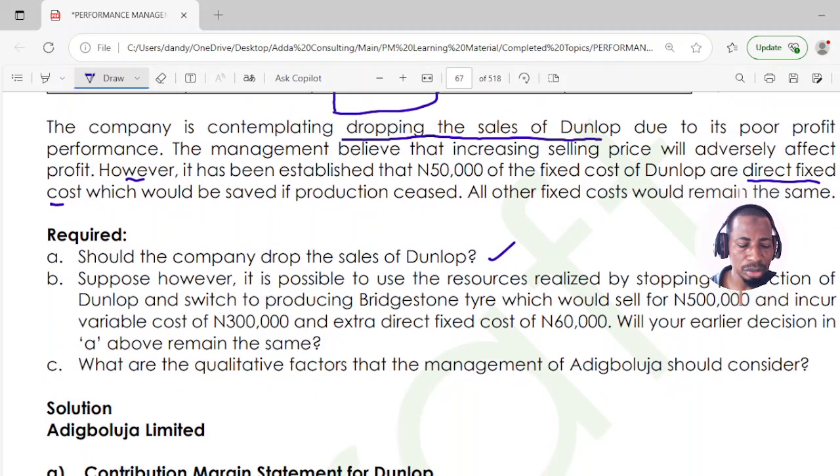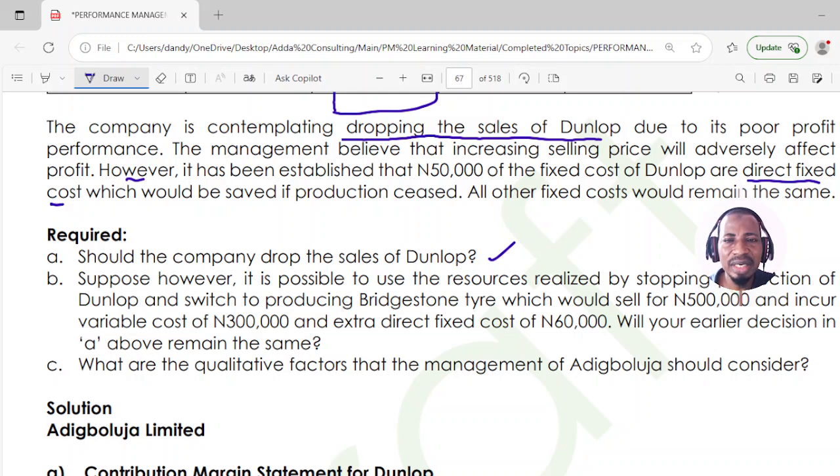Then requirement number 2, we're now told that suppose, however, it is possible to use the resources realized by stopping production of Dunlop and switch to producing Bridgestone tire, which will sell for 500,000 naira and incur variable cost of 300,000 naira and extra direct fixed cost of 60,000. Will your yearly decision in A above remain the same? Under this circumstance, what the examiner wants you to do is to prepare an income statement for Bridgestone tire.